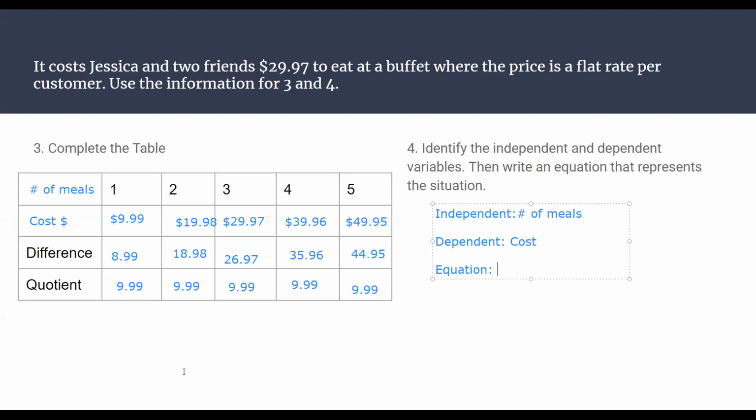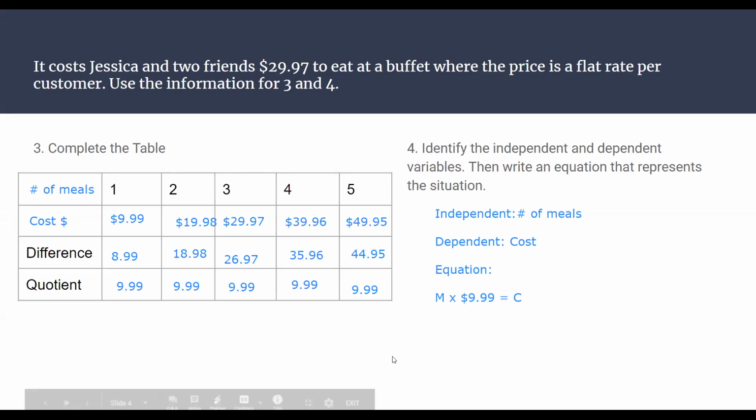Remember, with your equation, your dependent, or your cost, is going to be equal to that. So I'm going to take my independent, my number of meals, times my difference, which was $9.99. And that is what I found with my costs. So that is my equation: the number of meals multiplied by $9.99 gives me the total cost.